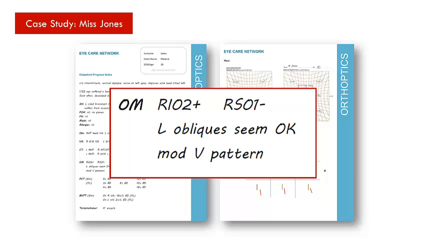The orthoptist had made comment on the fact that the obliques, or the left oblique, so the left inferior oblique and superior oblique, seem okay. Now this does happen at times, and in this instance the orthoptist is trying to rule out the possibility of a bilateral issue, and so has documented that she or he has looked for it and has indicated there is no left oblique issues. It's also indicated that there's a moderate V pattern.